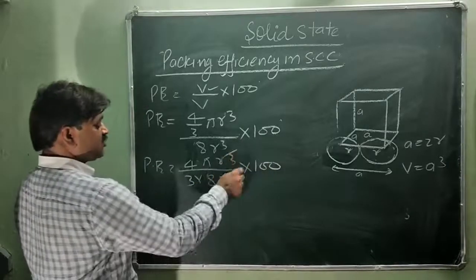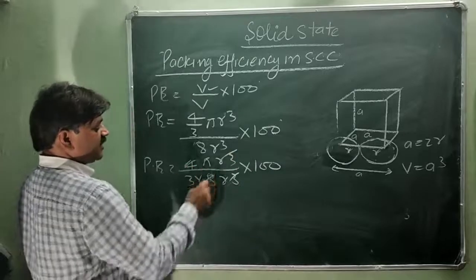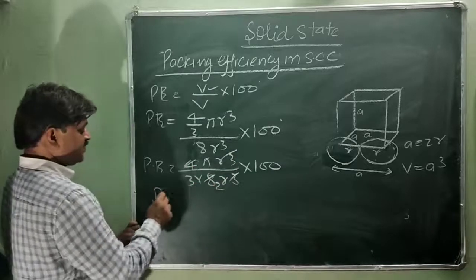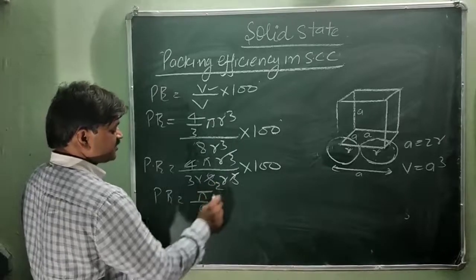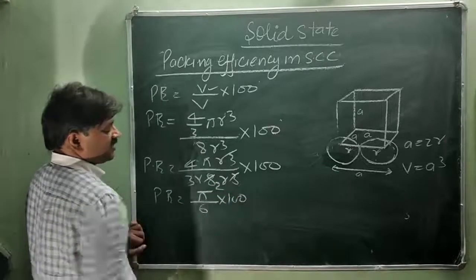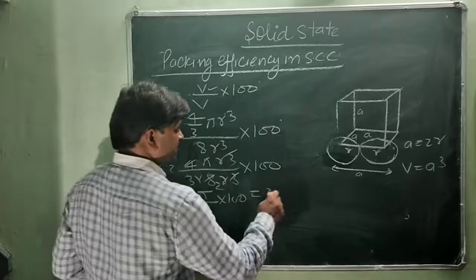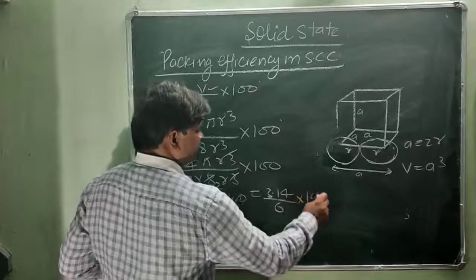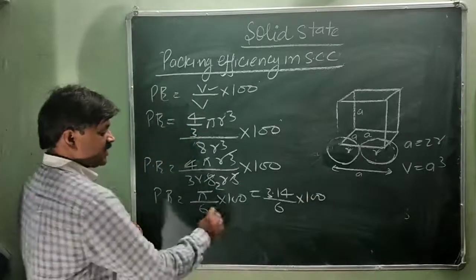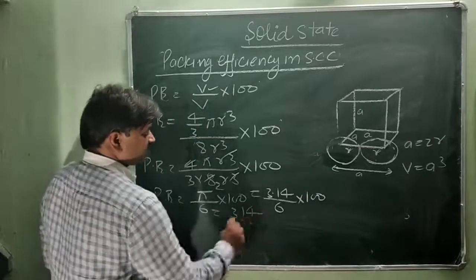So r cube cancels, and 4 twos are 8. So packing efficiency is equal to pi by 3 twos are 6, pi by 6 into 100. We know that the pi value is 3.14, upon 6 into 100. We can write 314 upon 6.